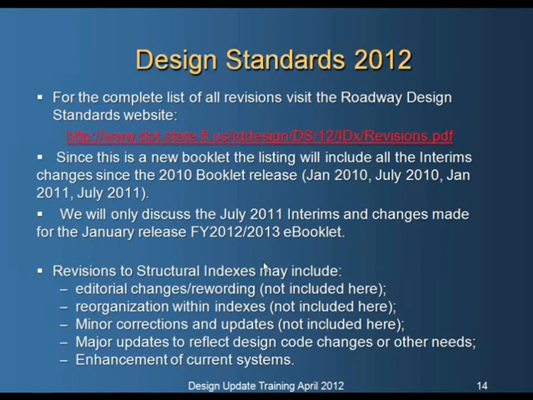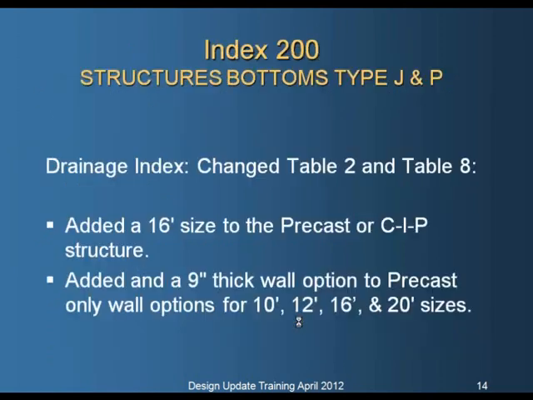The revisions may be merely editorial or reorganization, minor in nature or pretty significant. We have one code change here that made for some major revisions to the precast sound walls, and then generally we're always trying to enhance our system, so those are all the reasons for updates.